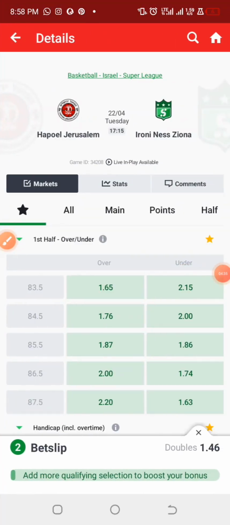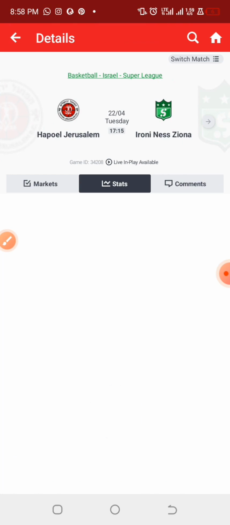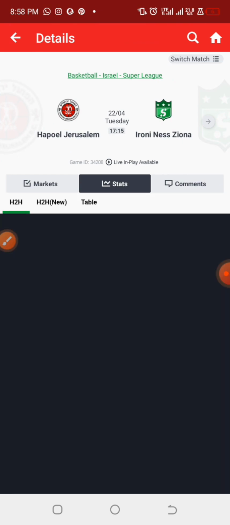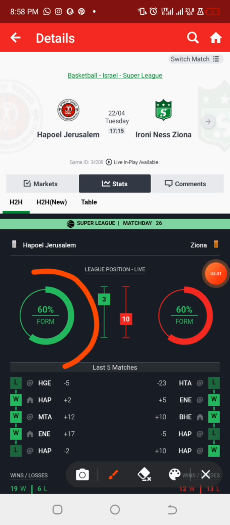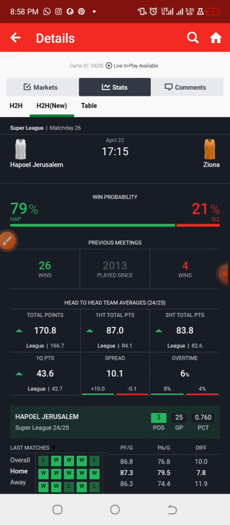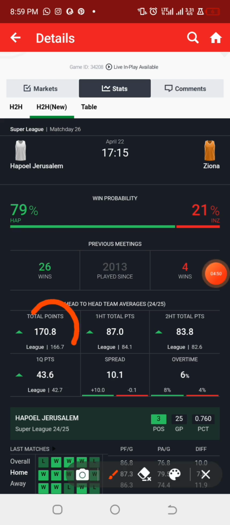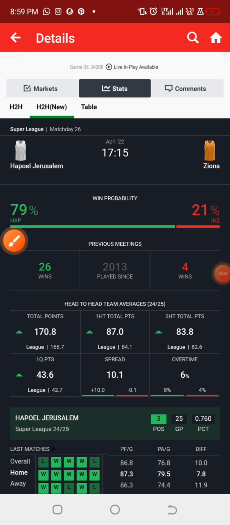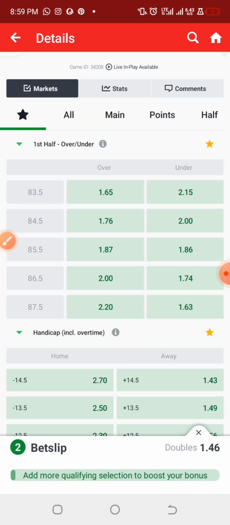And checking the next game, the home team is in form, likewise the away team, and checking their head-to-head, we can see the average point is more than the league average point. So subtracting 10 from 166, which happens to be the league average point, we are getting 156.